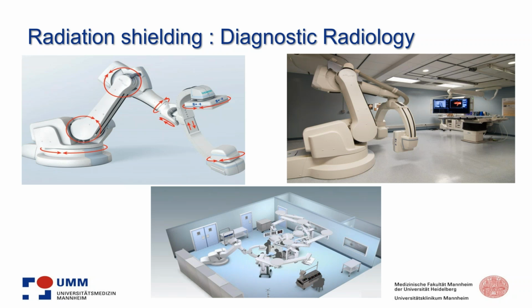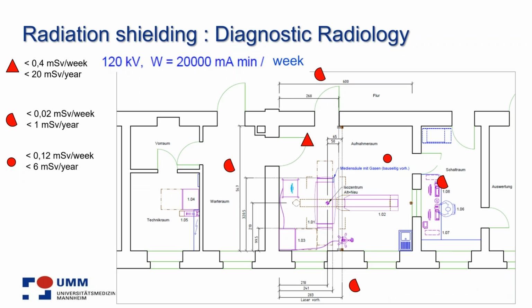So you have a really complex scattered radiation around the patient, and this makes things in these hybrid OR rooms very complicated, so that the people who are around in this OR theater are shielded in the right manner. Yeah, next one.